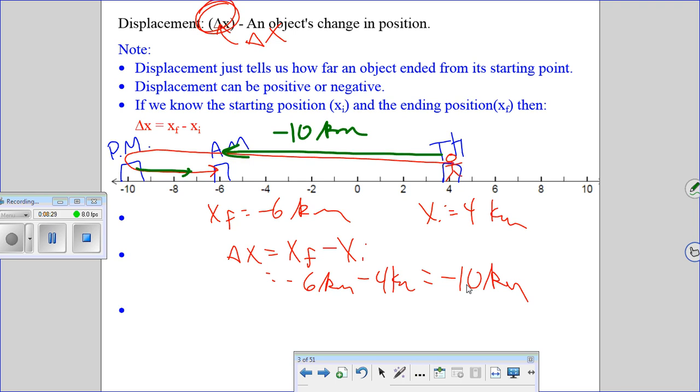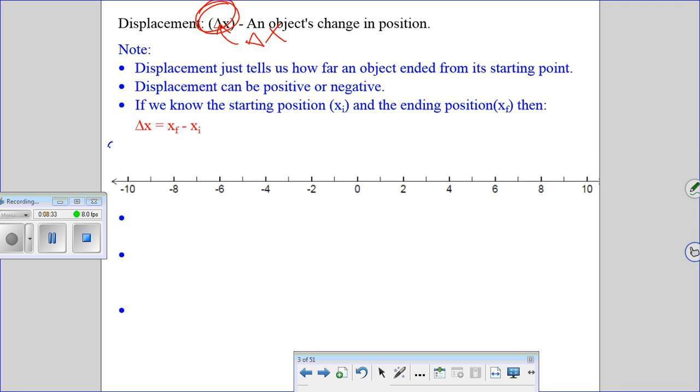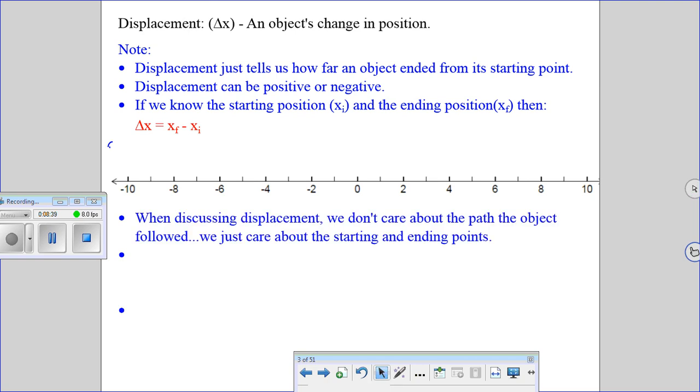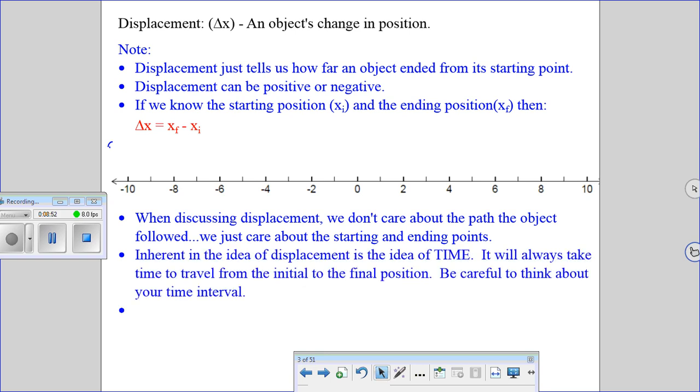So notice, as I said, that when we're discussing displacement, we don't care about the path the object followed. All we care about is where we started and where we ended. I think those last two examples illustrated that. Now, inherent in the idea of displacement is the idea of time.